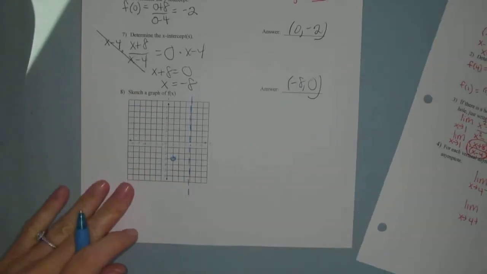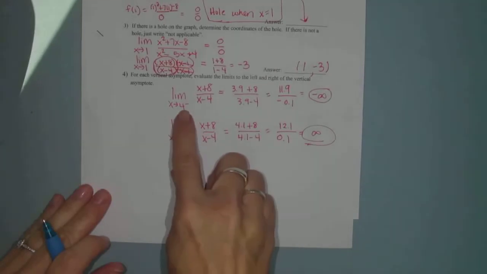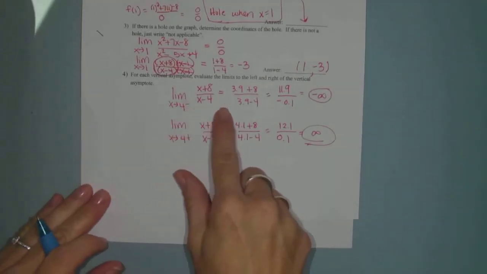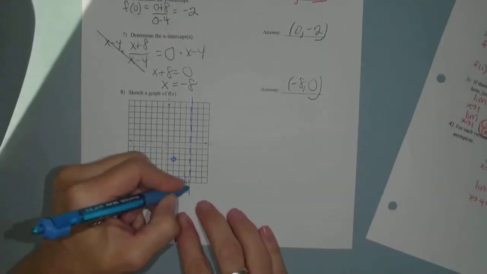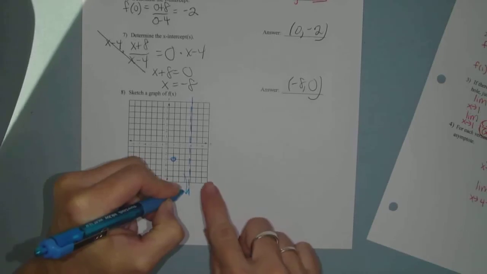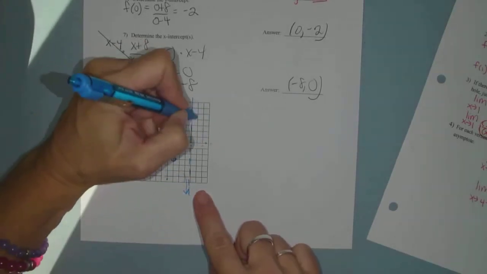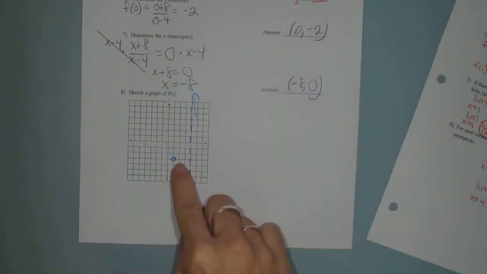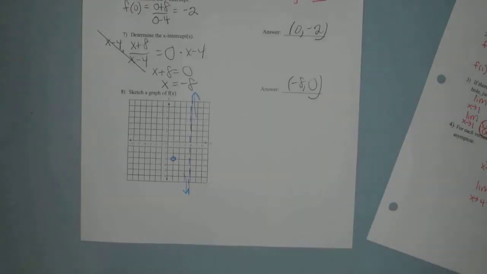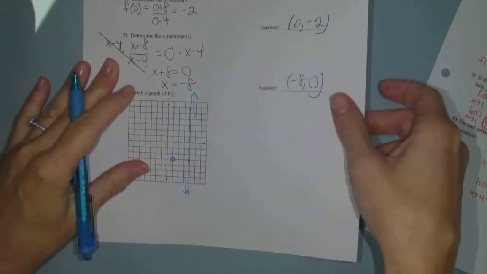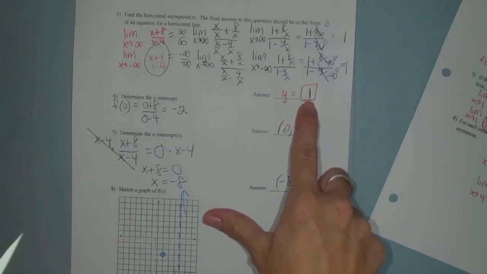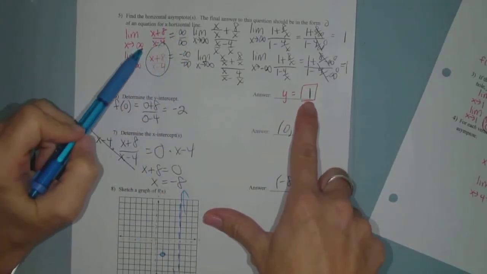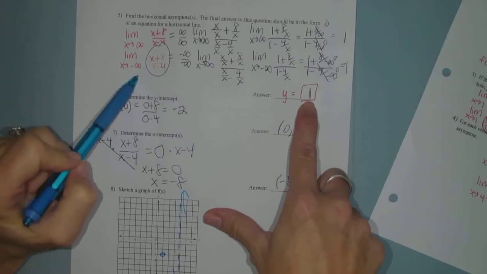Okay, we know that from step 4, as we come into 4 from the left, the y values are headed downward. 4 from the left, y values down. And the other limit, 4 from the right, y values up. So down from the left, up from the right. Now, we also know that we have a horizontal asymptote at y equals 1, both way out to the right on the x-axis and left.